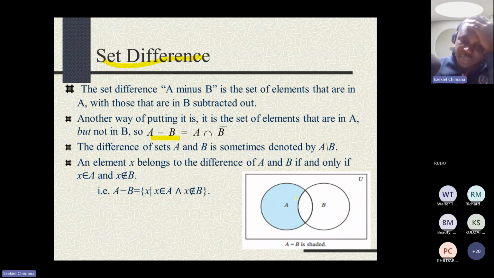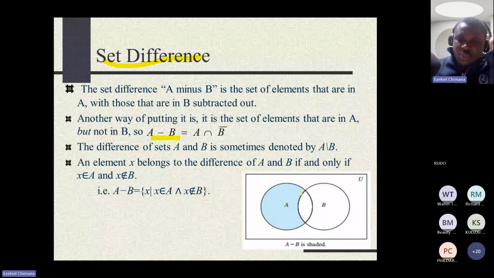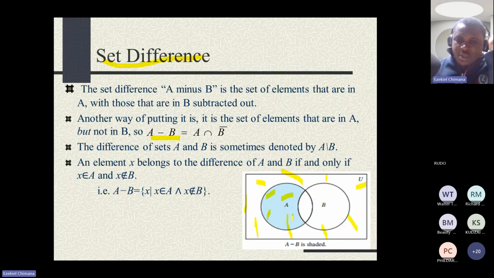If you look at it, B complement are all the elements which are outside of B, including those which are in A. So when you are talking about A intersecting B complement, it means you are talking about where they intersect each other. The elements in A are all the elements here.